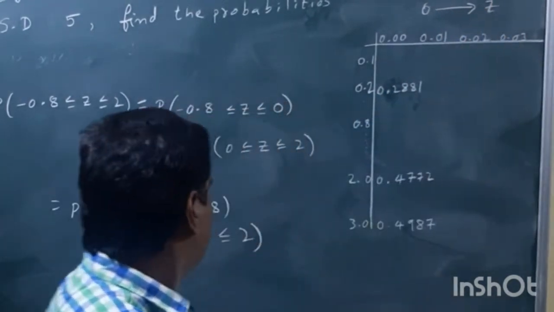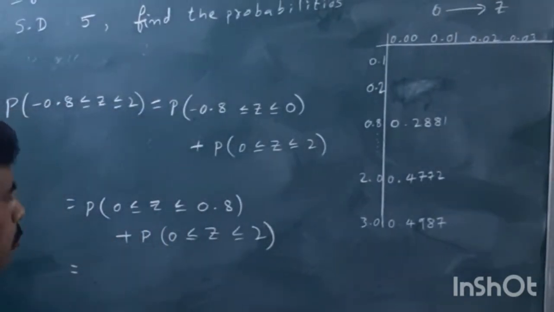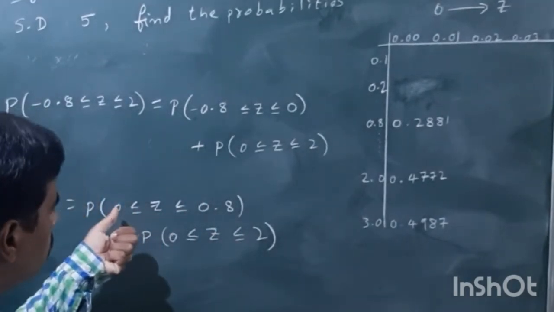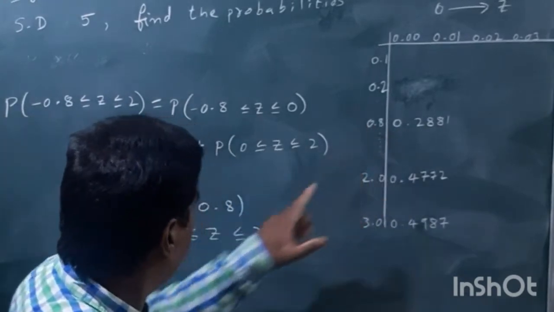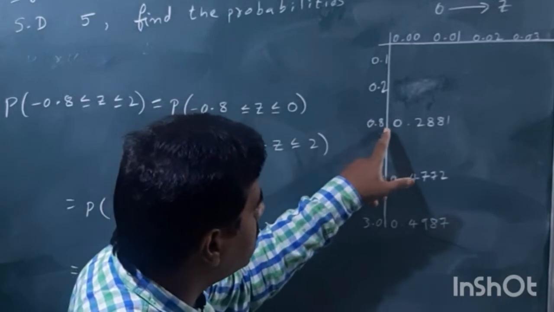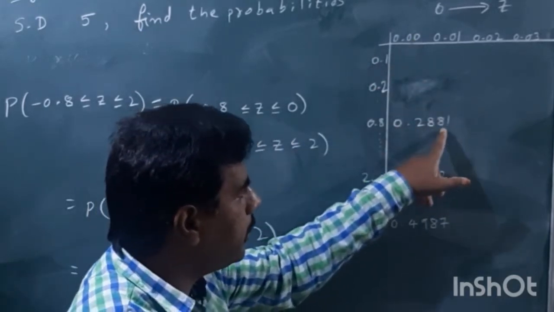Now the probability between 0 and 0.8: 0.8, 0.80, where 0 is the decimal point, gives 0.2881.